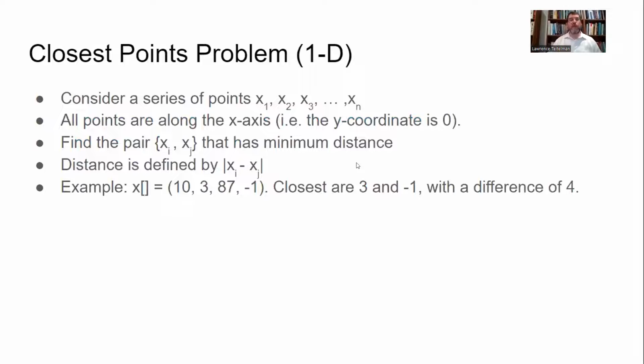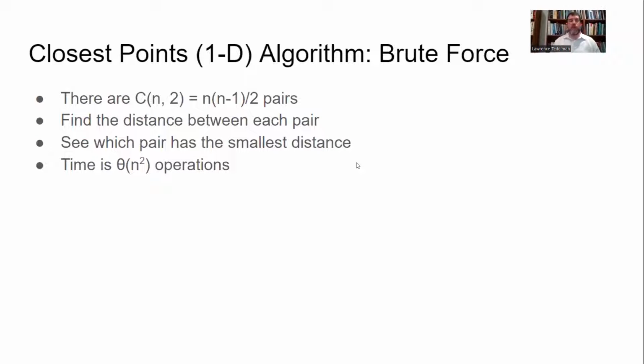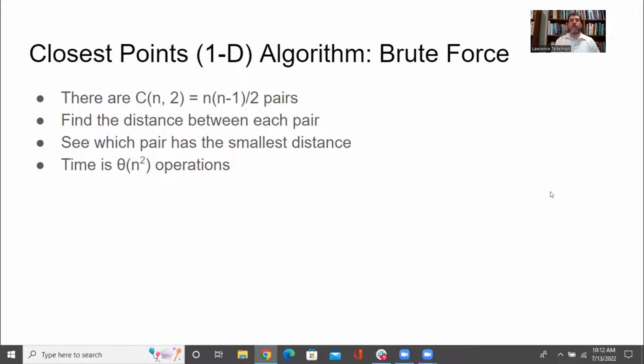Next we have the closest points problem. Does anyone know what the closest points problem is? Anyone heard of that before? If I have a bunch of points along the x-axis, how do I find which 2 points are closest to each other?